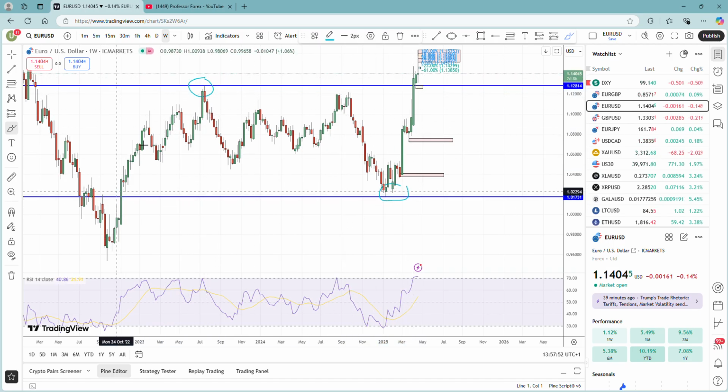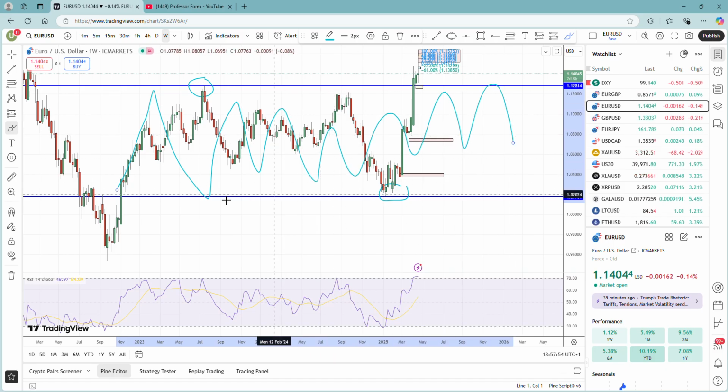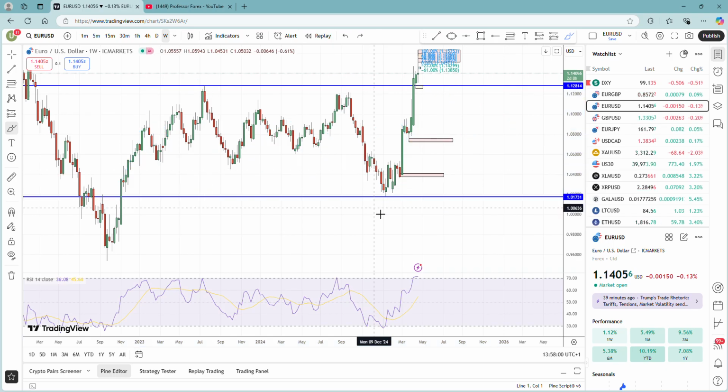It's in between these levels for the last, similar to DXY, since March 22. So remember it's negatively correlated. If DXY goes down, EURUSD goes up. You'll see the DXY and EURUSD is literally opposite charts, opposite price action. So the dollar index can indicate where the dollar's going next. So if dollar's going down, that means euro's going up.